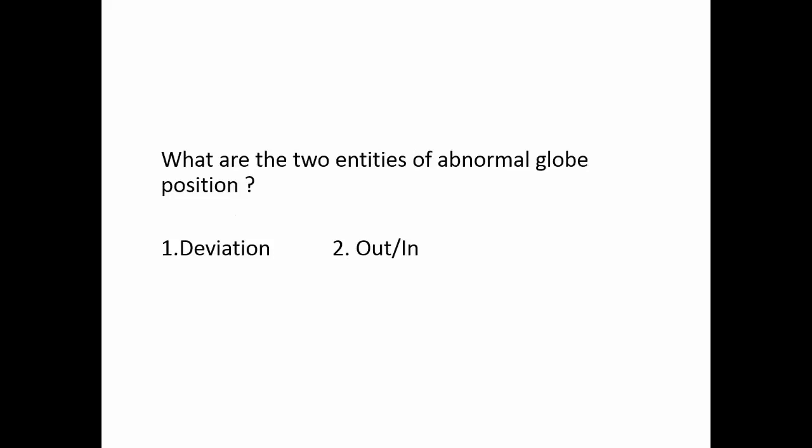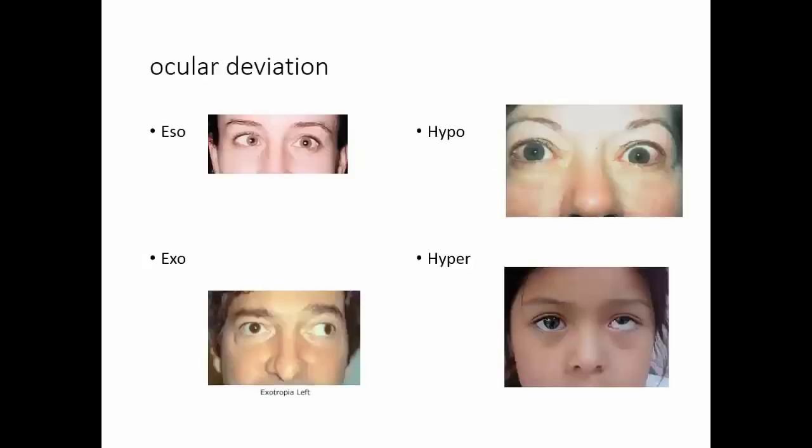We call it an ocular deviation. And also the globe can move from inside the orbit, either out, or it can get retracted into the orbit. What do you call when the globe is outside? That is proptosis, or exophthalmos, whereas the globe retracting back is called enophthalmos.